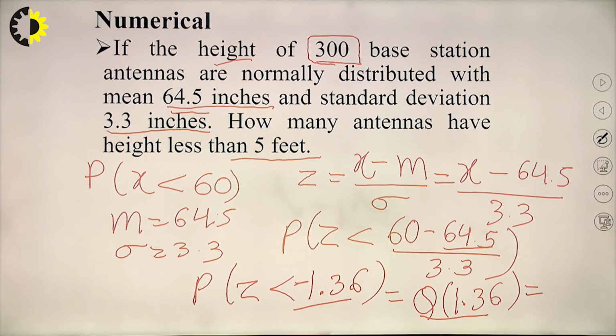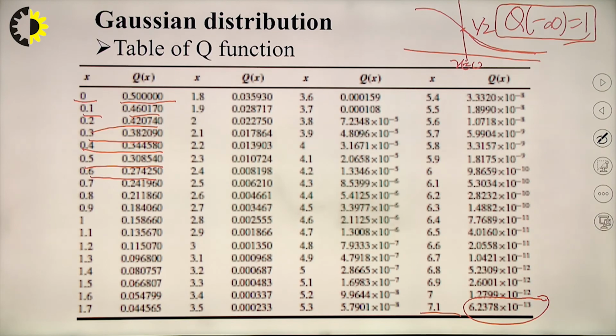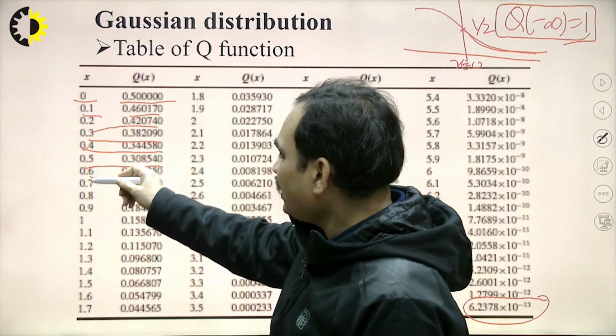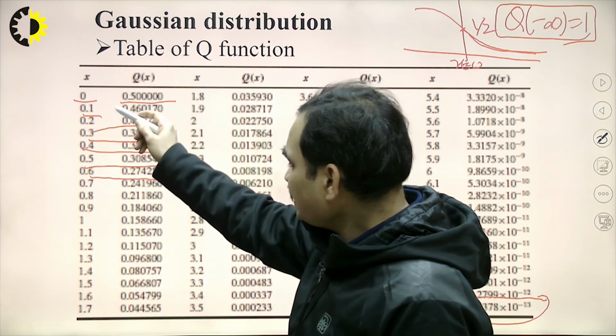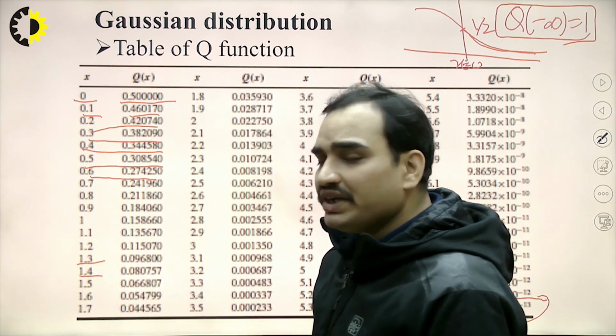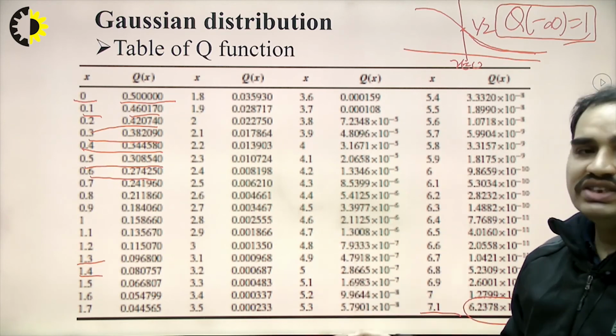Now what is the value of the Q function for 1.36? We will refer to the table for that. The table is given here. We will look for the value of x in this table, and the value of x is 1.36. We can see here we are getting 1.3, and here we are getting 1.4. Detailed tables are also available on the net. This is the summarized table, which I have used just to explain.